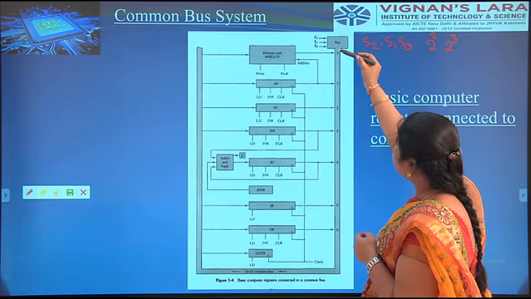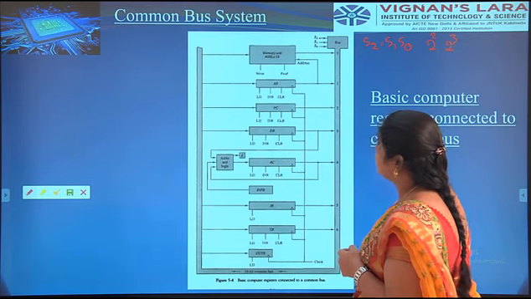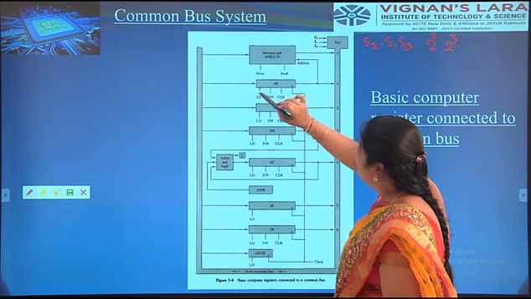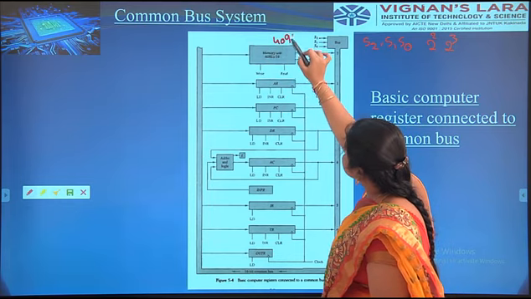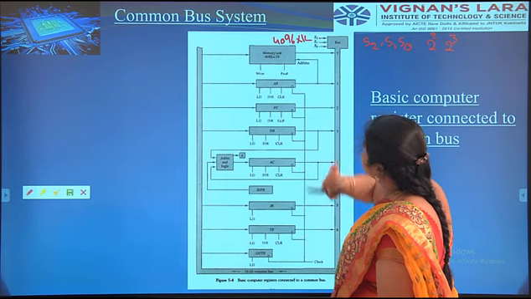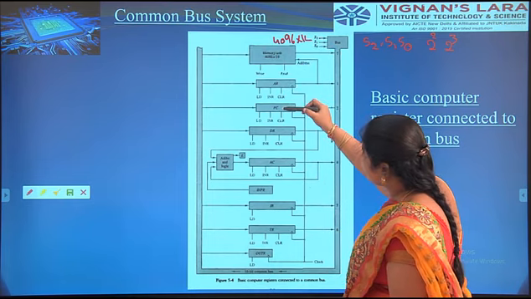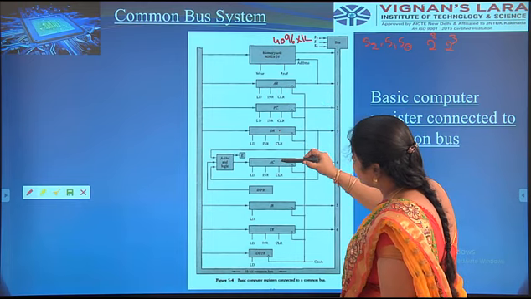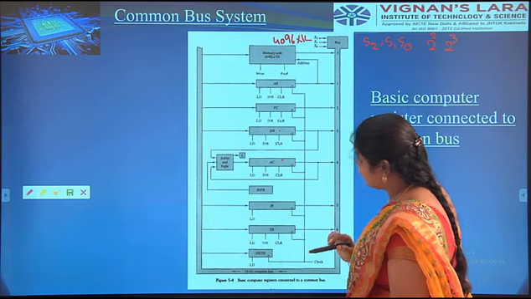This is a bus. The bus is connected to all the registers. Here we take the memory unit, which is 4096 into 12. This is the AR, program counter, data register, accumulator, instruction register and temporary register.